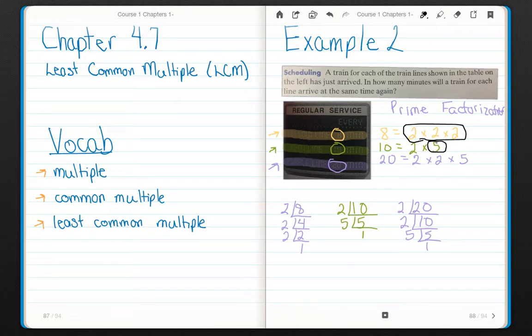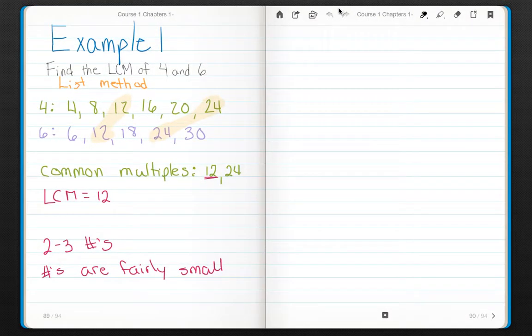And what I'm going to do is take these 4 factors, 2 times 2 times 2 times 5. Well, 2 times 2 times 2 we know is 8. 8 times 5 is 40. So 40 is the least common multiple. If I wanted to prove it, making a list, we'll go over here to this blank page.